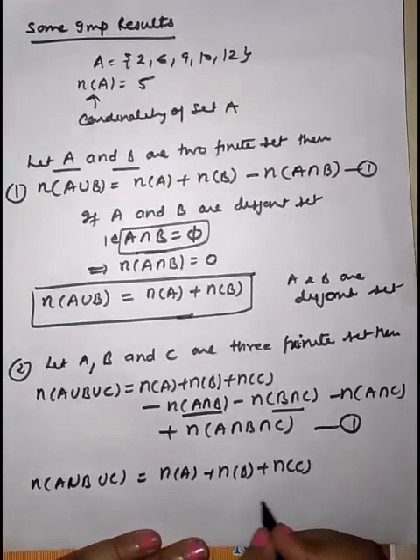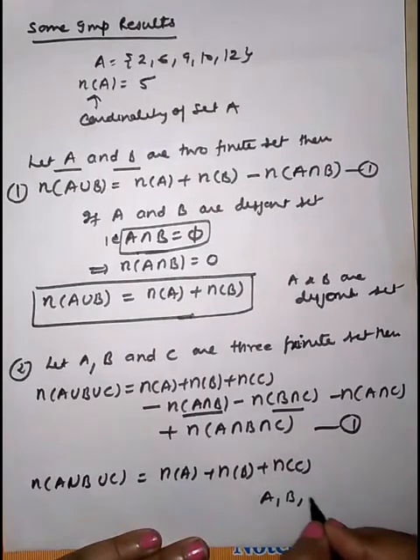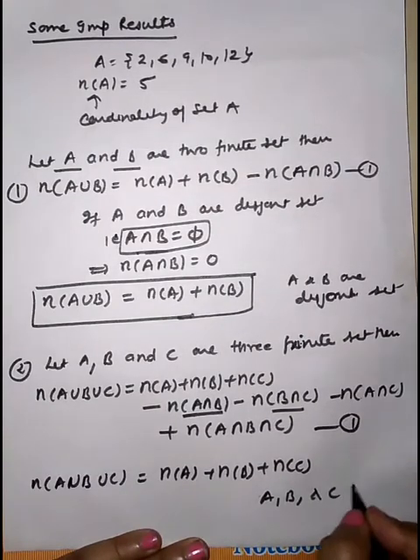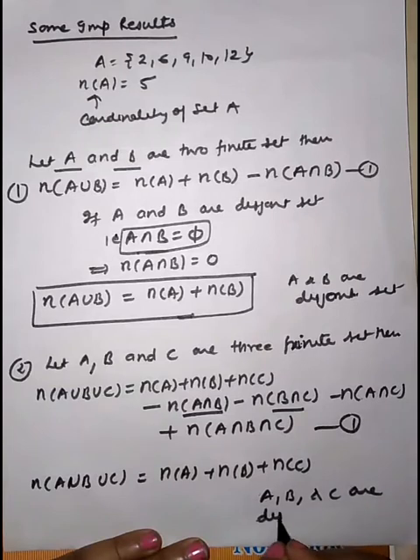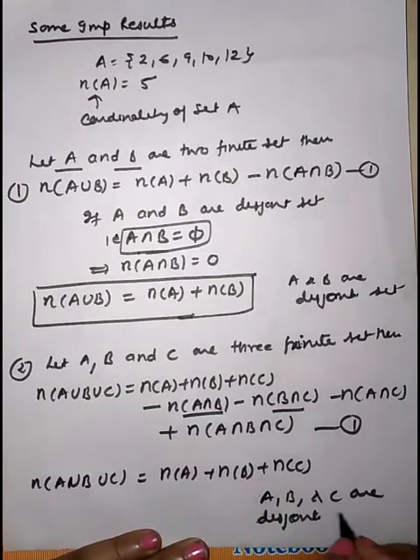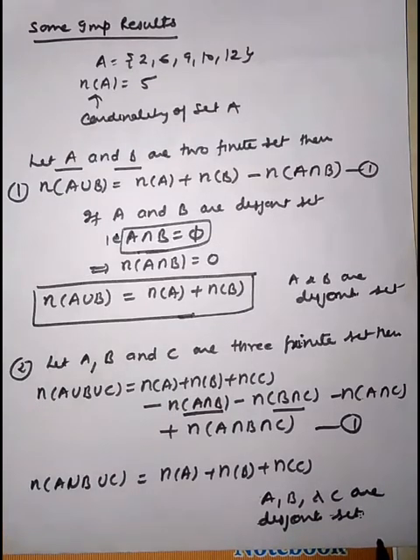Here A, B and C are disjoint sets. If they are disjoint, then if you take the intersection between A and B, B and C, and C and A, or of all three sets, the number of elements should be 0.